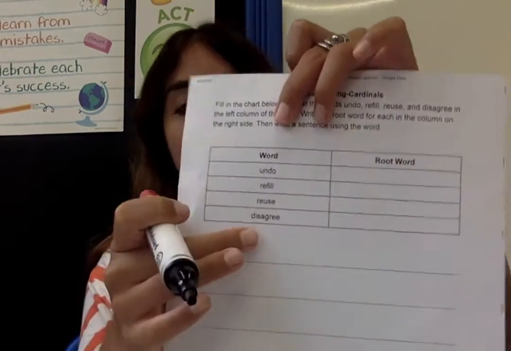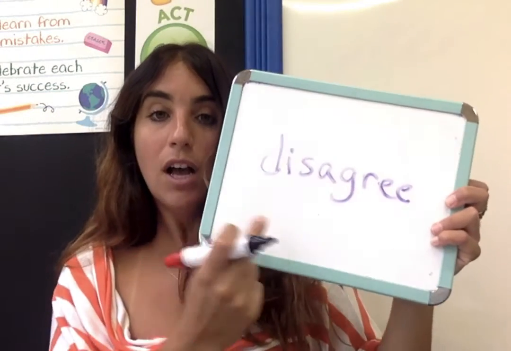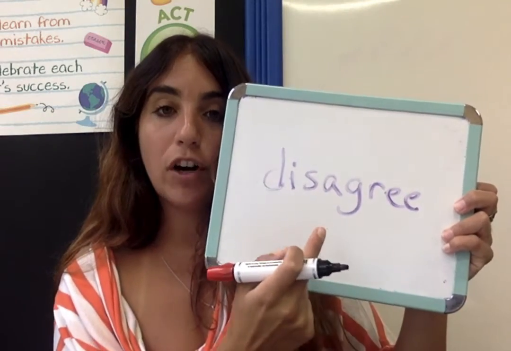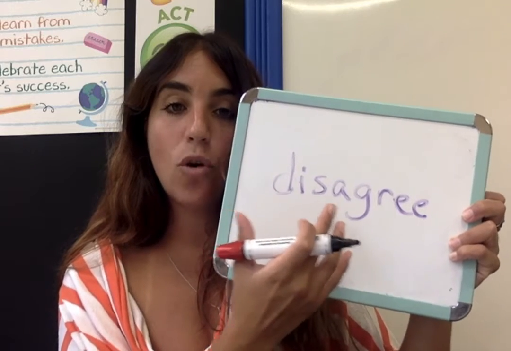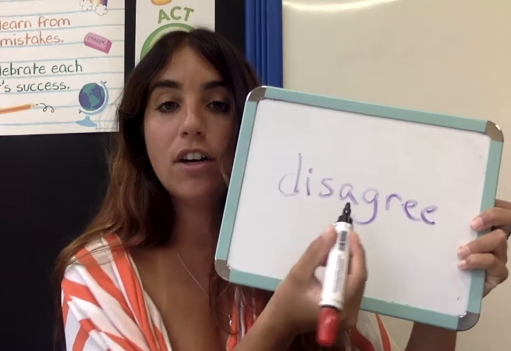And our next word is disagree. So first we have to find the root word, which we're going to write in our chart. And that would be the word, let's write it down here, disagree. So let's try to find the root word first. Now remember, that's going to change, this part is going to change this word right here.